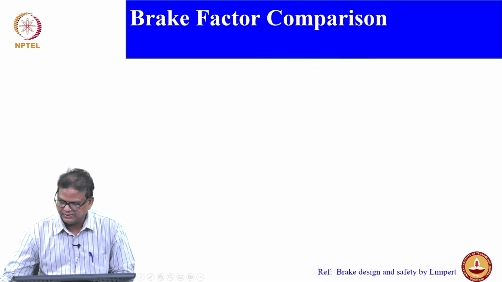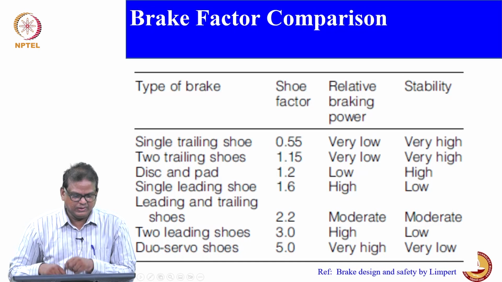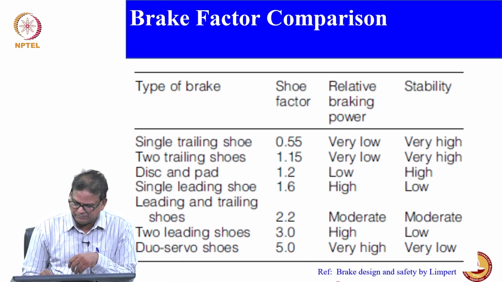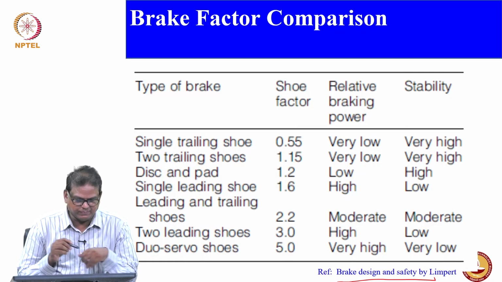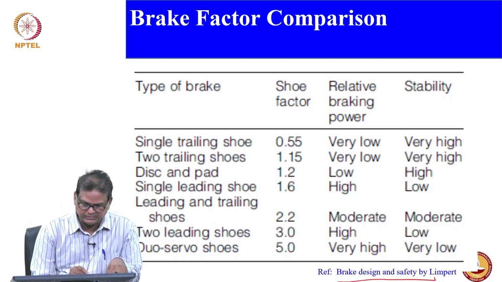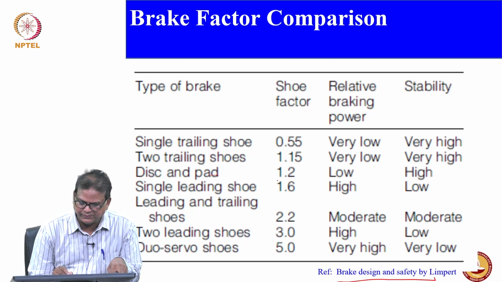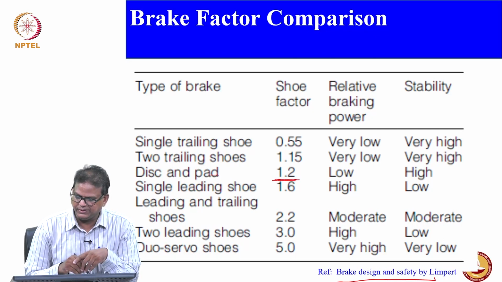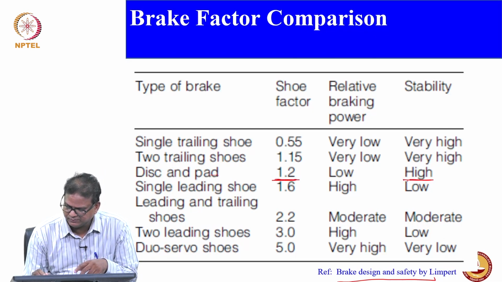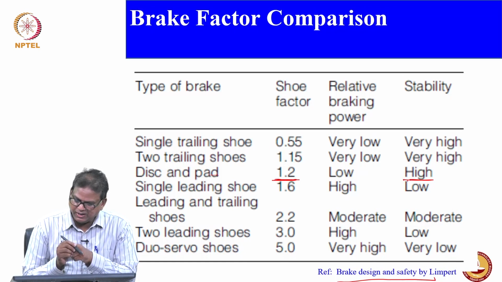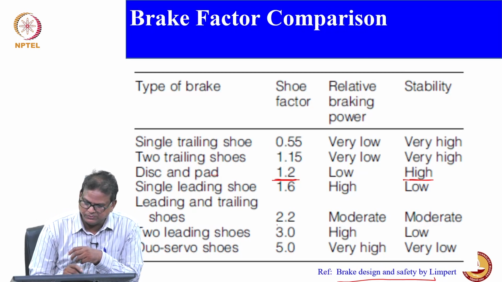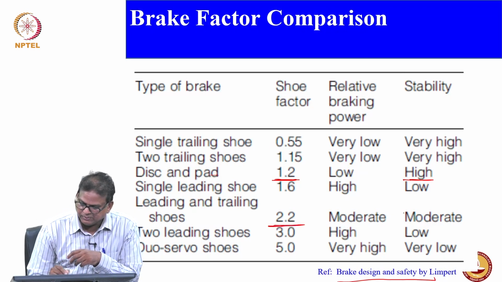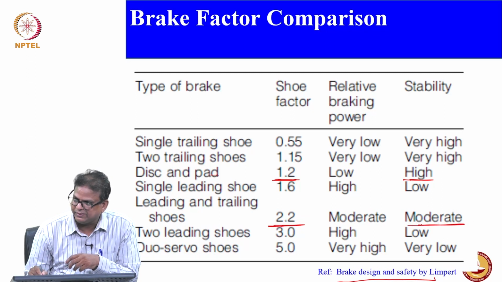In fact, this is a reference taken from Brake Design and Safety by Rudolf Limpert. Look at that. We are talking about disc and pad. The maximum shoe factor you would expect is 1.2, and the stability is good, whereas if you have a leading and trailing shoe, the brake factor is good, but the stability is not enough.